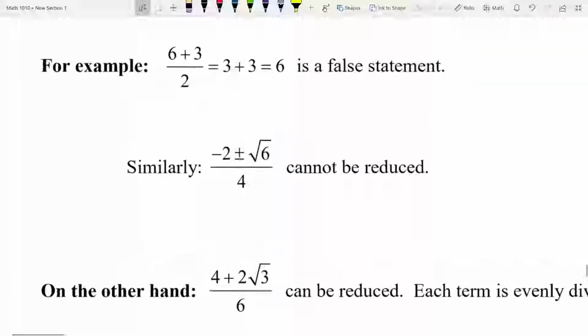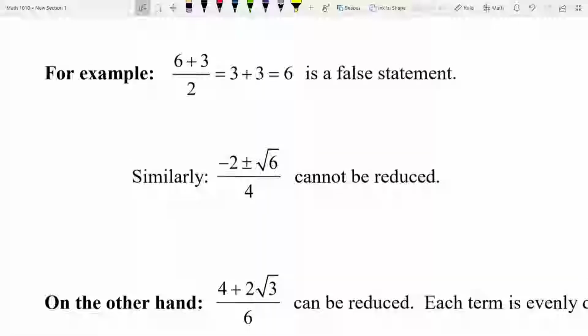What this person did right here, just look forward and watch. They said, okay, I've got 3 people, 1, 2, 3. So I'm going to reduce with these 2. 6 over 2 is a 3. And then I've got the plus 3 right there, and that gives me 6. You can't do that because it's rude. You can't do anything to that.